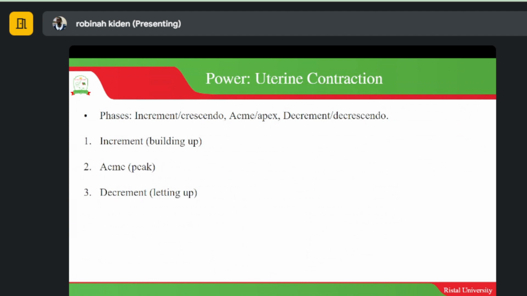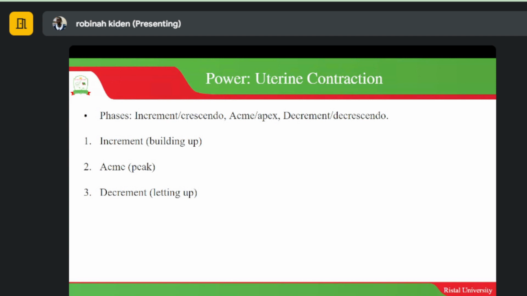Power, this is another component, remember. So power, here basically we are looking at the uterine contraction. So the uterine contraction is measured in form of the intensity that it gives. So during labor, the assessment that is done is on increment, apex, and decrement.